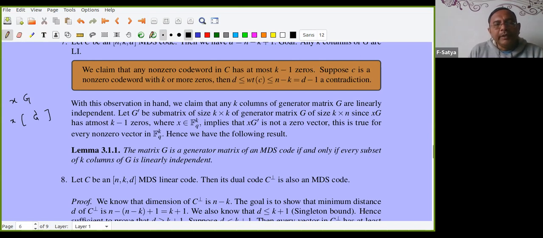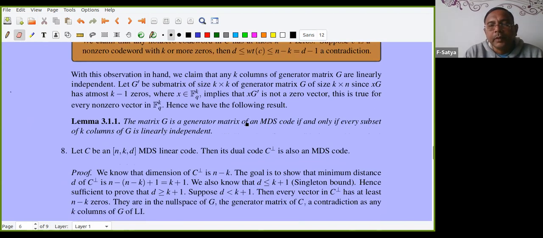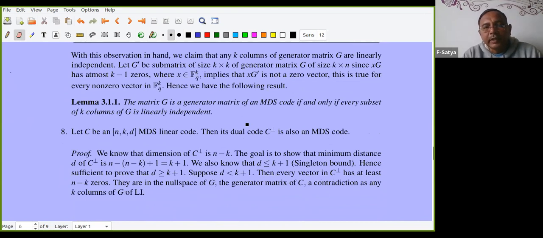G' has k columns, right? But we cannot have more than k minus 1 zeros, so that helps us show that G' is invertible. Now, combining both, the generator matrix G is of an MDS code if and only if every subset of k columns of G is linearly independent.